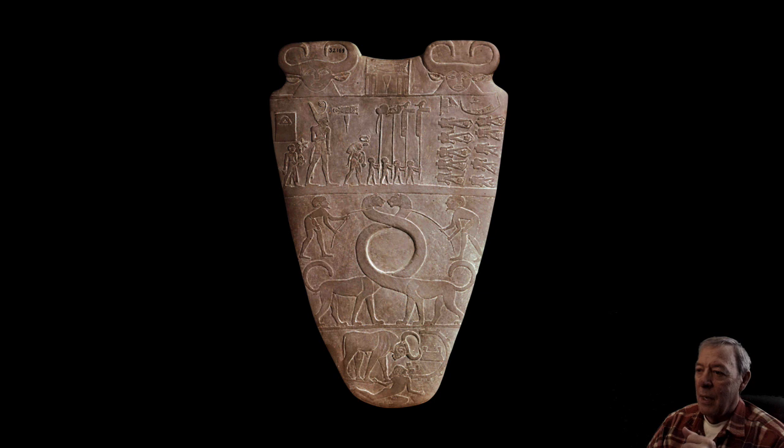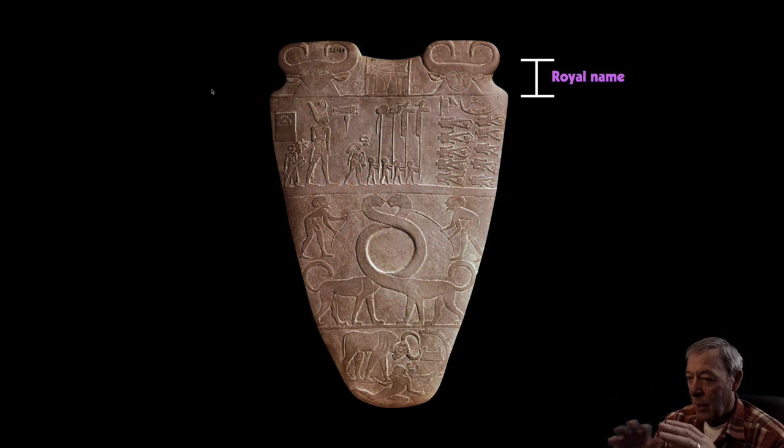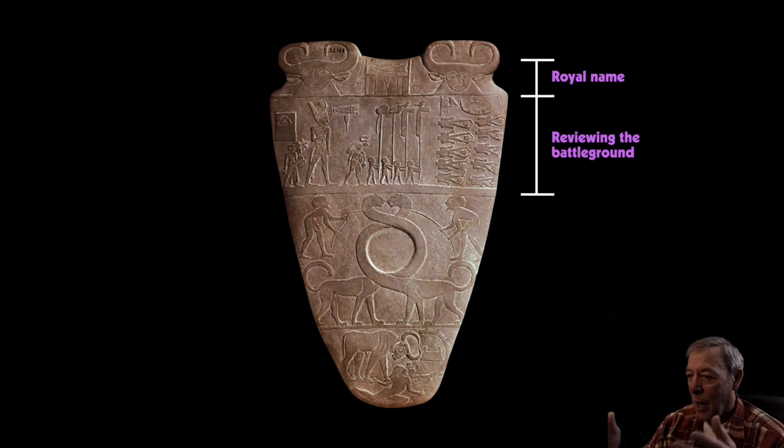So what we have here again is the royal name at the top, so that's that serekh, same one that we saw on the other side. And then the next register, so here we see clearly 3 different registers. The topmost register is Narmer going to the battlefield with his entourage, his retinue, to view the battlefield carnage, to witness the dead that lie on the field of battle.